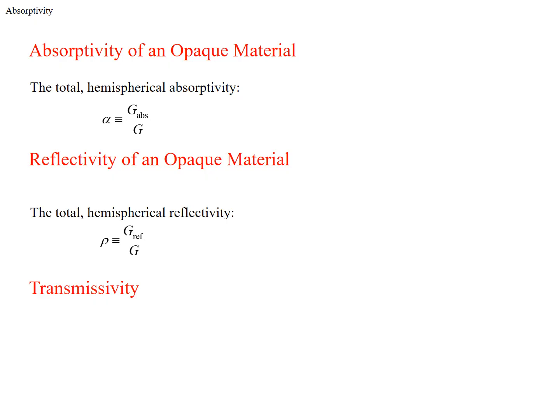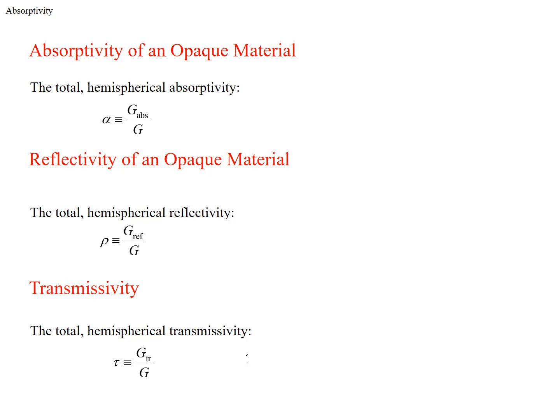Reflectivity was the fraction that was going to be reflected by the surface. You can see that there is a ratio here, G reflected divided by G, which is the total irradiation on the surface. And then the transmissivity was the fraction of the irradiation that is going to be transmitted through this body divided by the total irradiation.